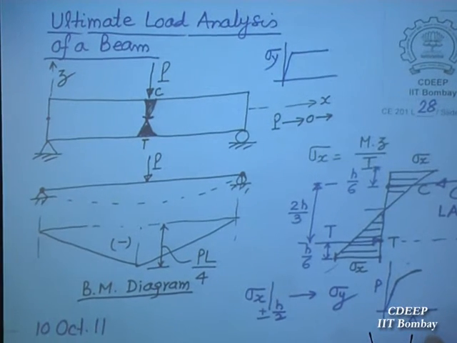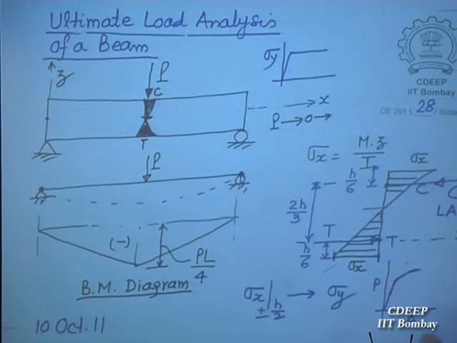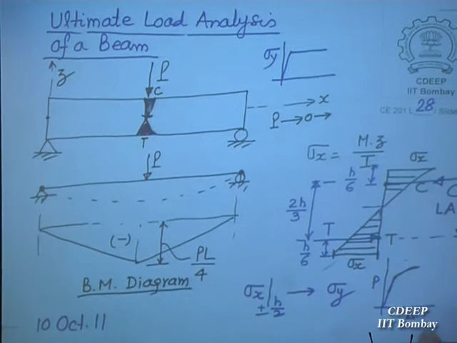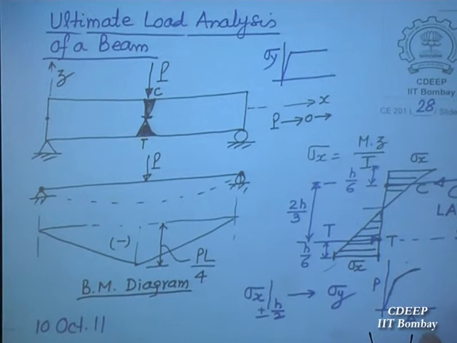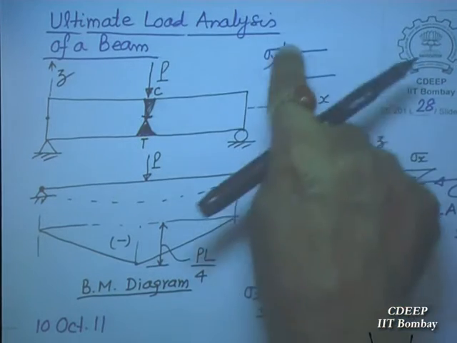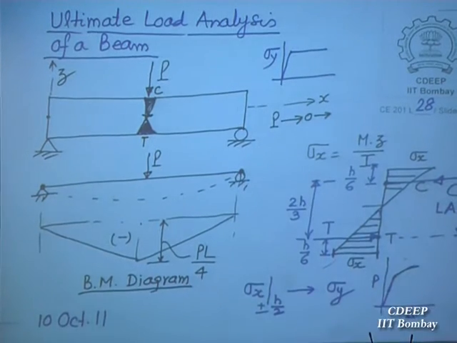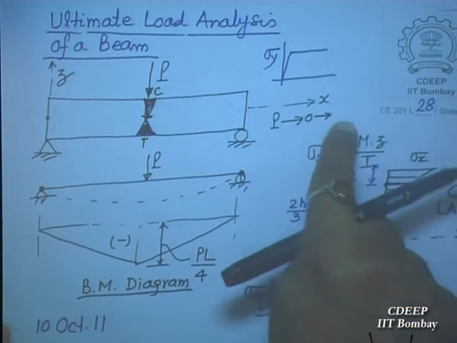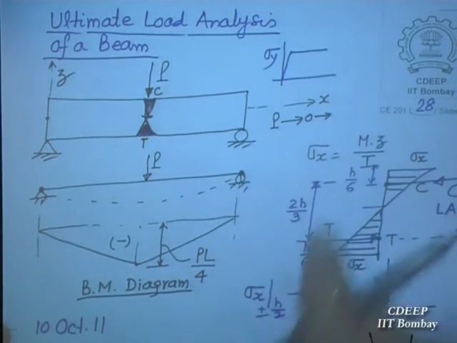So we are saying only bending stress. We are not talking about shear stress, first of all. We are taking only one stress component, bending stress. And we have drawn all these for bending stress only. So we are saying as load increases from 0 onwards, this is the status.